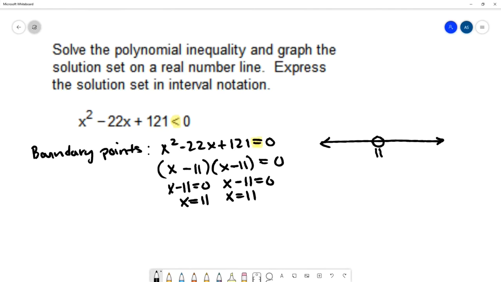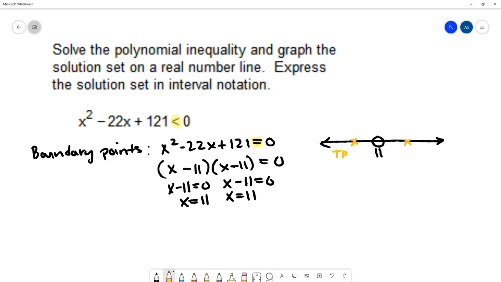And now what we need to do is test whether the interval to the left of 11, so numbers less than 11, are part of the solution set, or numbers greater than 11 are part of the solution set. So we want to pick test points in each one of those intervals. The only rule is that it has to be in the interval.